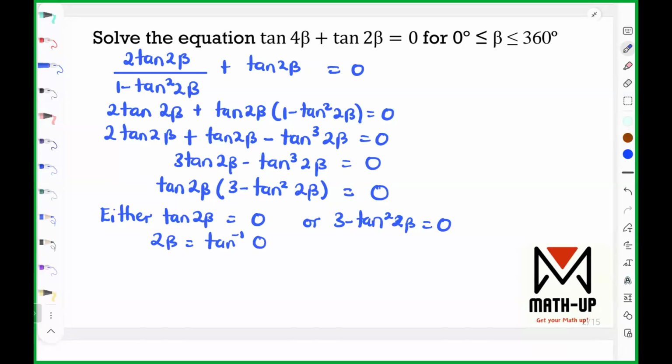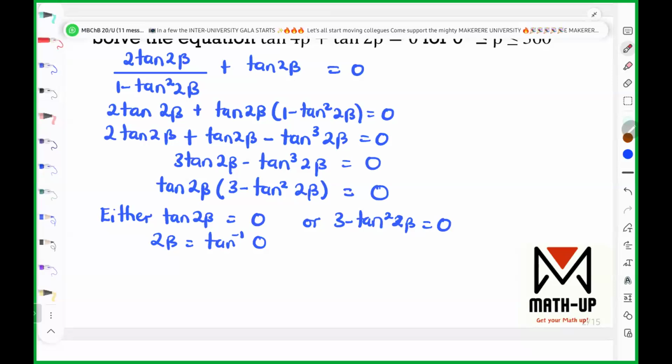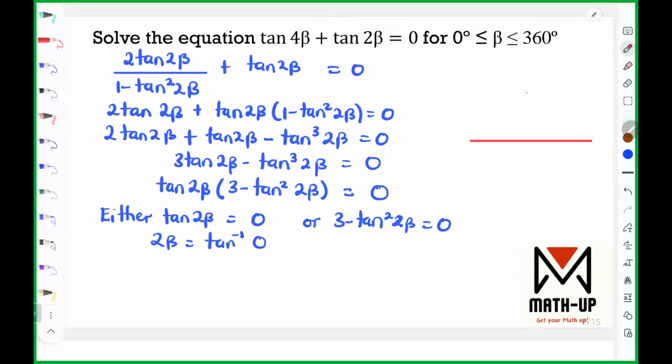Now our ratio is positive, which means that we are interested in angles that lie in the quadrant where tan is positive. And those angles are in the first and the third quadrant. If I'm to draw a simple quadrant here, we want angles in that quadrant, the acute angle in that quadrant, and this angle in this quadrant.